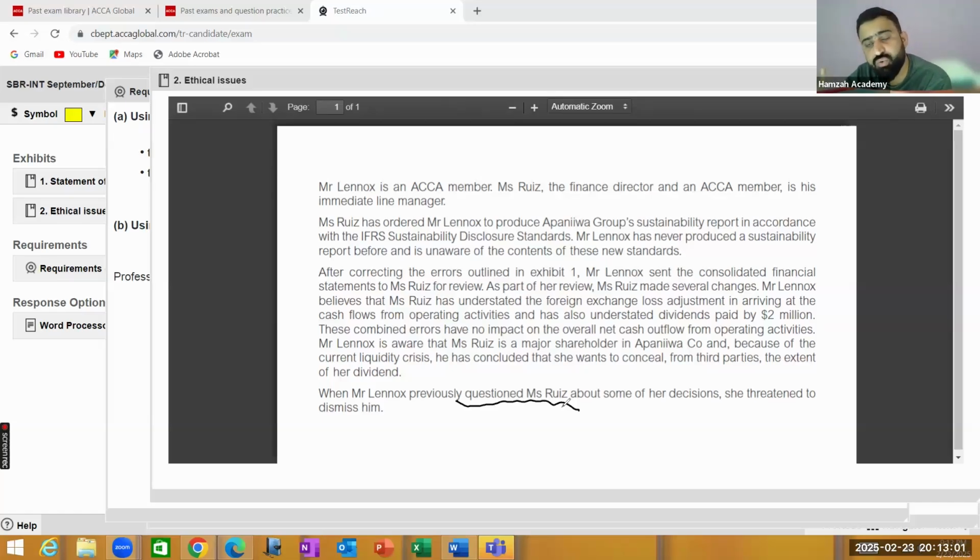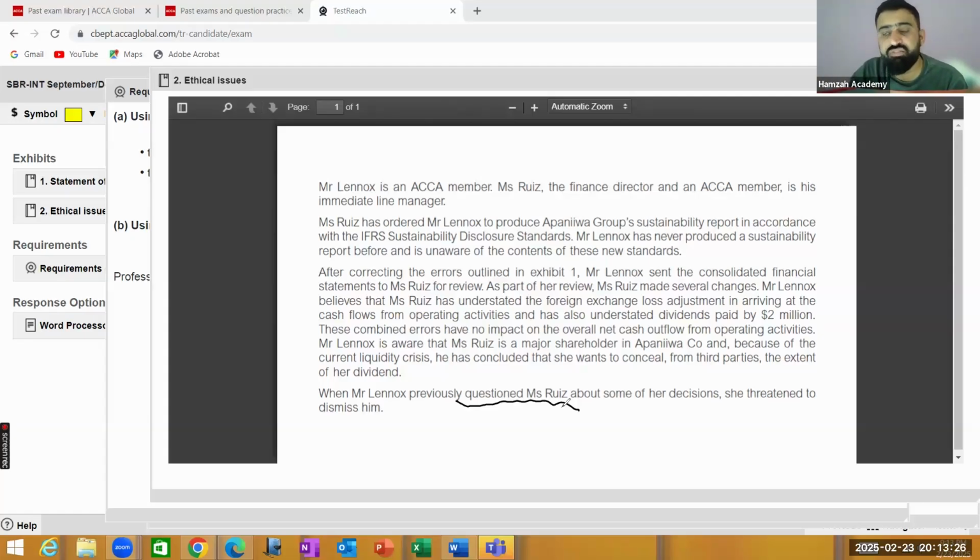That's why they want to conceal that information from the cash flow statement. And because Ms. Roy is the major shareholder of the company, she has a motivation to do it, because if she can do this, she can hide that information from the cash flow statement.